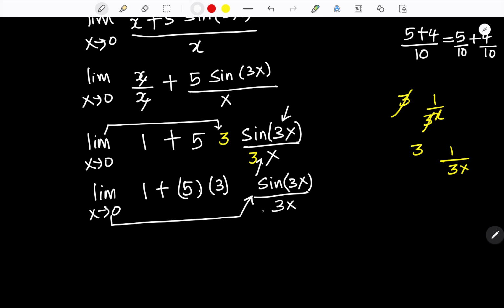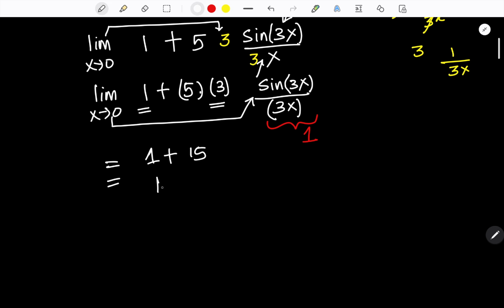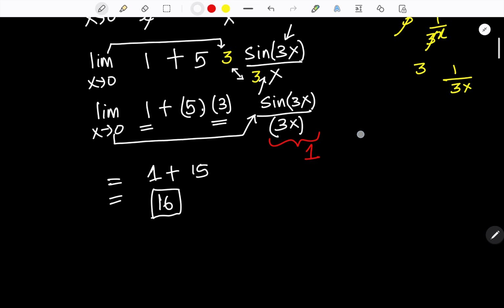The angle part and the numerical part are the same here, so the value is equal to 1. Therefore, there is no x left. So 1 plus 5 times 3, which is 15, so 16 is your answer. Clear? We are just adjusting this 3 and this 3 to get the value of the limit.